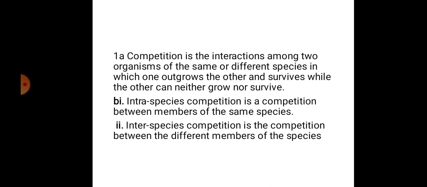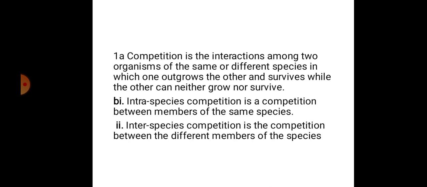Then we have another one, interspecies competition. They ask you to explain interspecies competition. So interspecies competition is the competition between the different members of the species. As I told you when we are talking about the meaning of competition, different members can be grass and cattle.